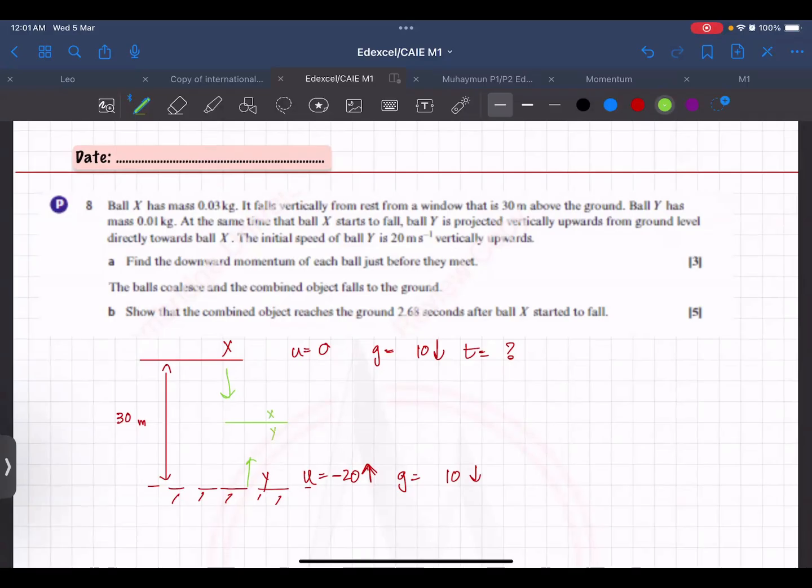So they would meet. This means that the distance that Y has traveled and the distance that X has traveled, both combined would be equal to 30 meters, right? Because the difference between the distances would become zero when they collide, है ना?